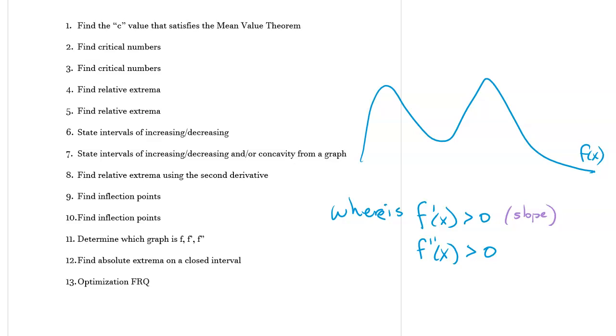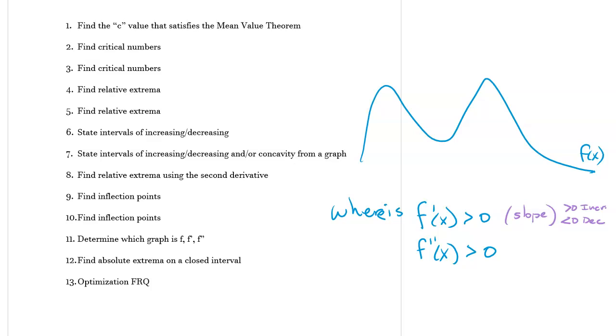How can we tell where slope is positive? Greater than 0 would be a positive slope. That would be where your graph is increasing. So if you are asked to find where, that's talking about slope. Greater than 0 is where your graph is increasing.